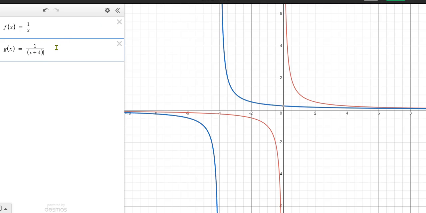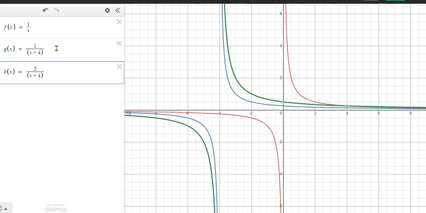And then h of x, I'm going to put that stretch in there. So that's going to be 2 divided by quantity x plus 4. There you see that the green function has twice the value. So here is going to be the point -1. Here's the point over here.